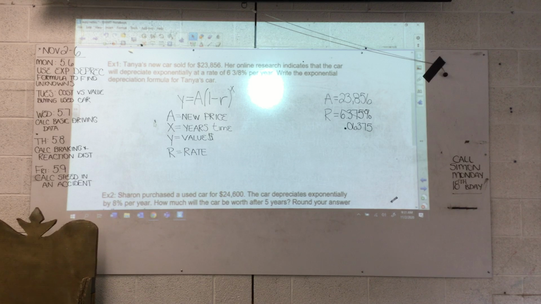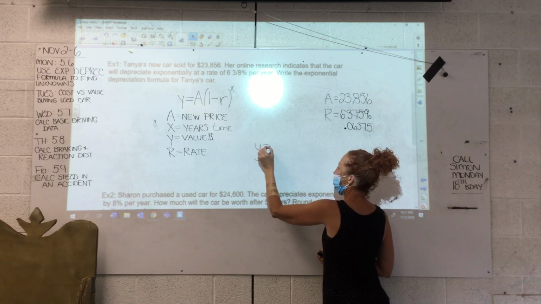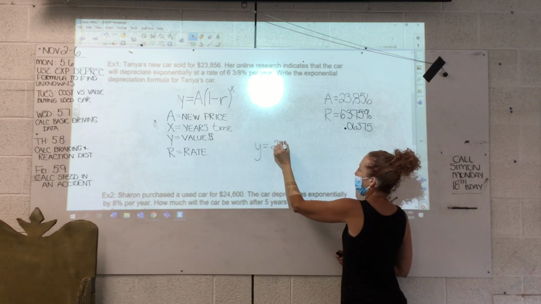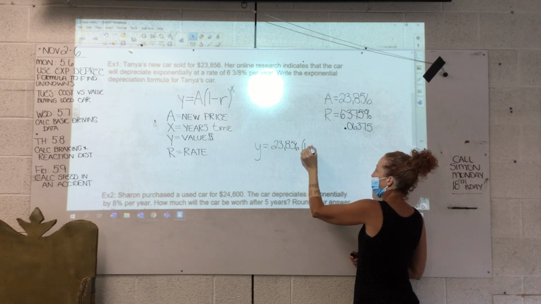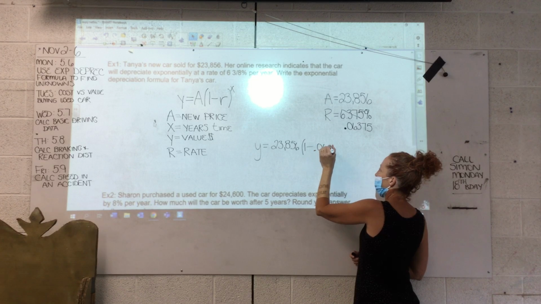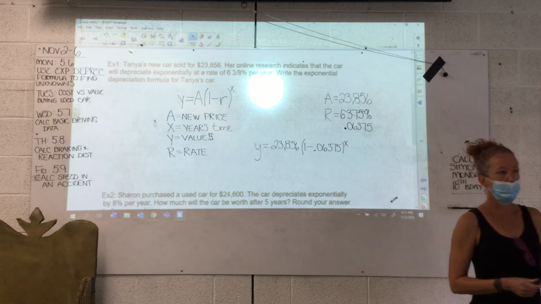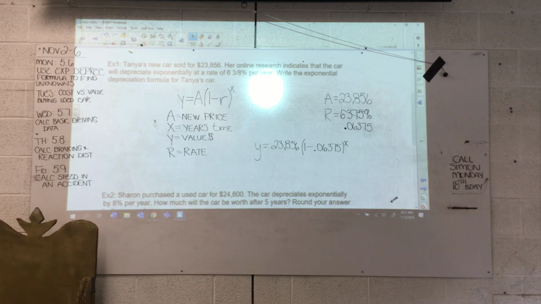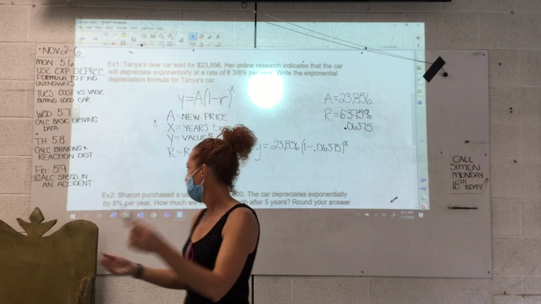All right. Then it says, write the exponential depreciation formula. That's all you need. Y equals 23,856, parentheses, 1 minus 0.06375 to the x. It's asking you for the equation. So the equation is still going to have both an x and a y. Just like, side comment, look up real quick.